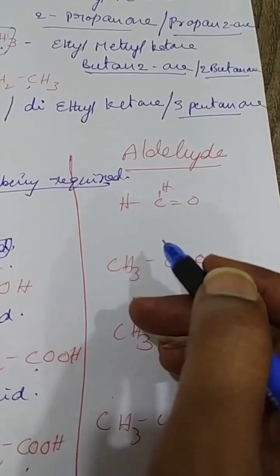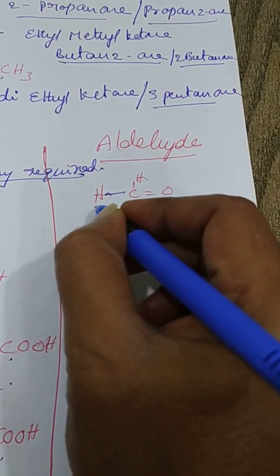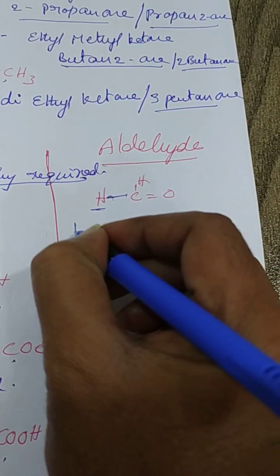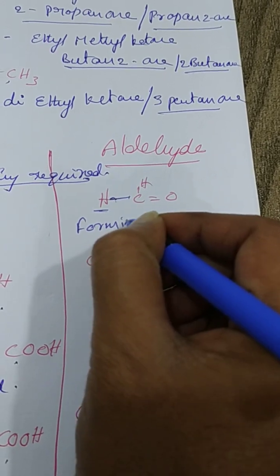Similarly here also, if there is only one hydrogen attached, that is called formaldehyde.